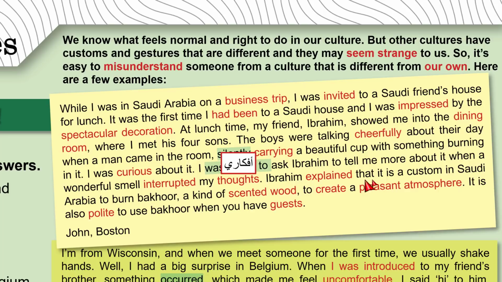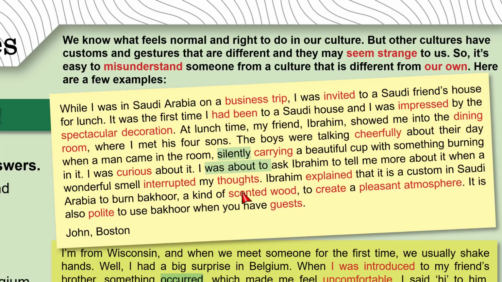Ibrahim explained, he made it clear to me that it is a custom, it is an accepted behavior. A lot of people do it in Saudi Arabia to burn bakhur, a kind of scented wood. This is the definition of bakhur. What is bakhur?